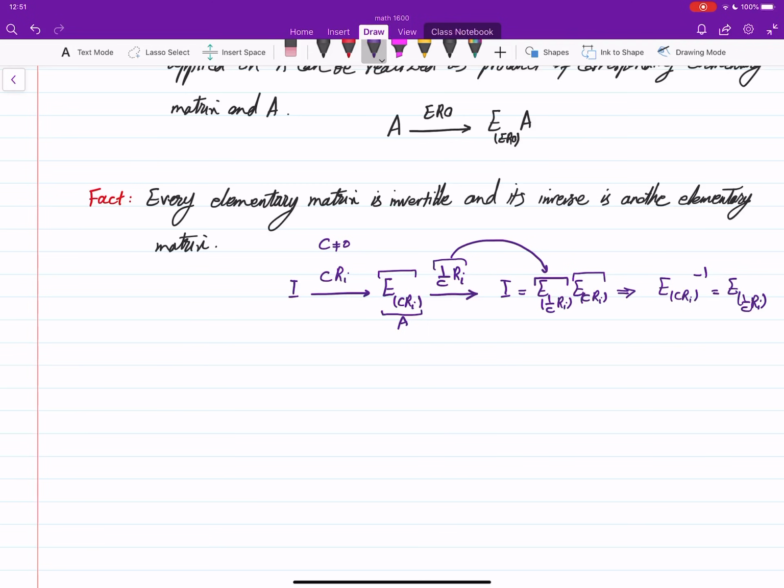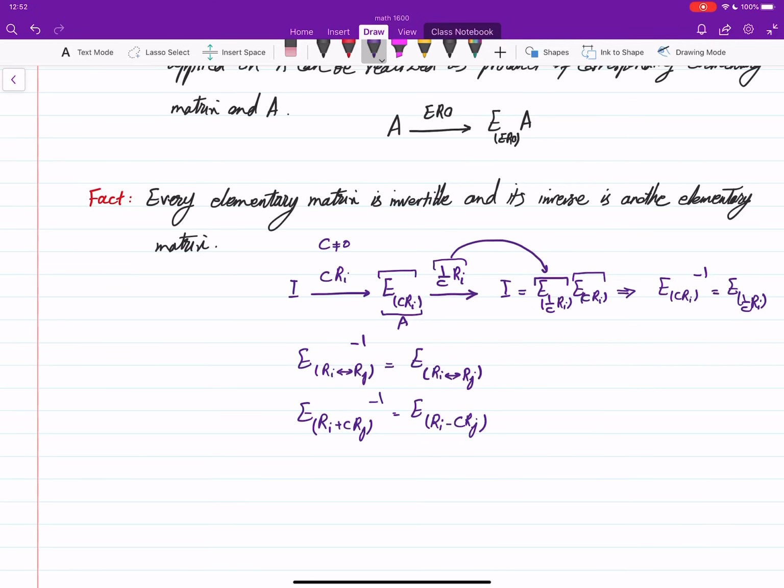A similar computation would show that, for example, E of Ri interchange Rj is invertible. For its inverse, if you interchange two rows, you can switch them back and get the identity. So this means that the inverse of that is exactly itself. And if you add a multiple of a row to another row, then you need to subtract the same multiple of row j from row i.